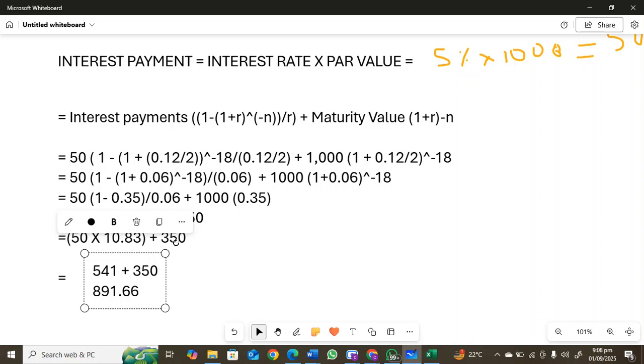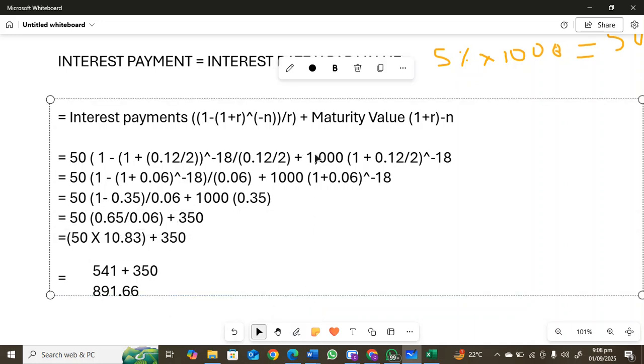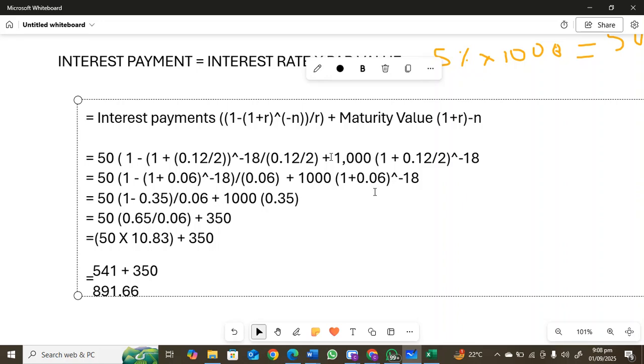Then you'll be receiving interest payments of $50 twice each year. Then at the final year, which is year 9, you will receive this $1,000.